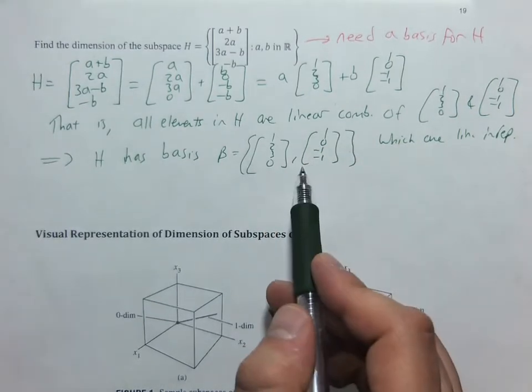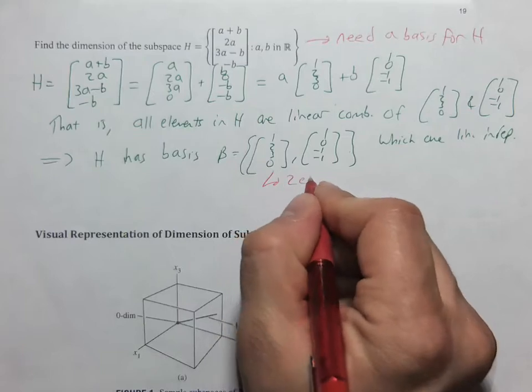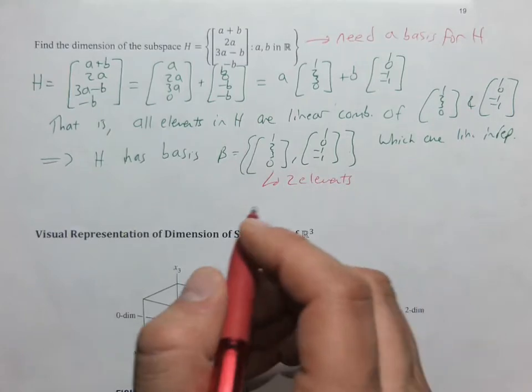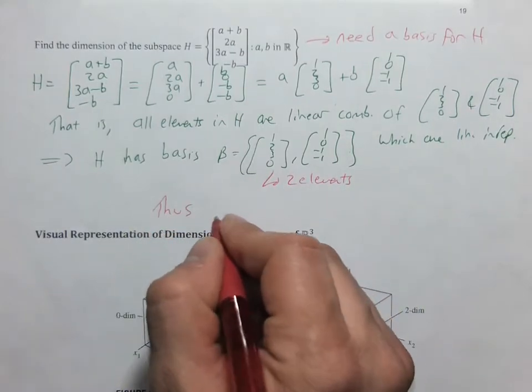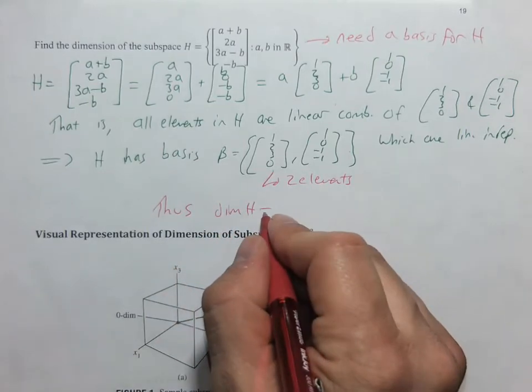And this thing has 2 elements in it, and so the dimension of the space is 2. This basis has 2 elements, and we just saw on the last page that the dimension of the space is the number of elements in the basis. So the dimension of H in this case is 2.